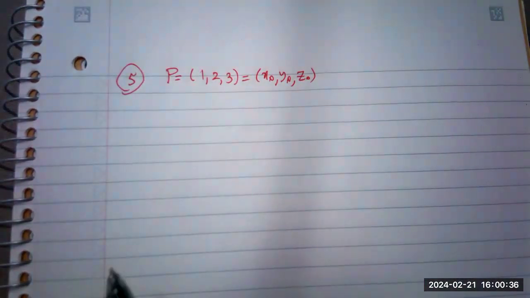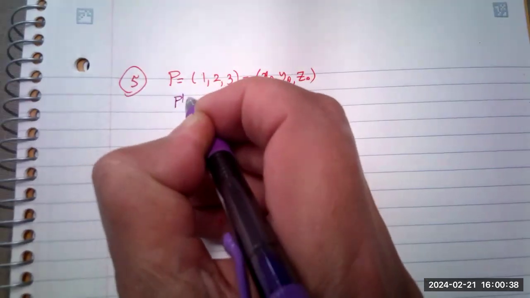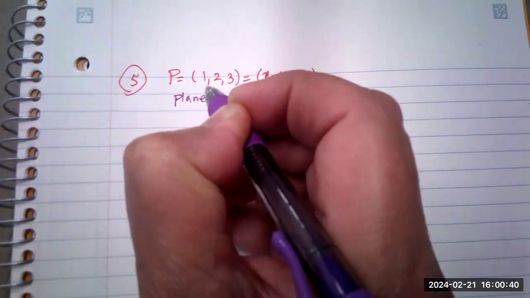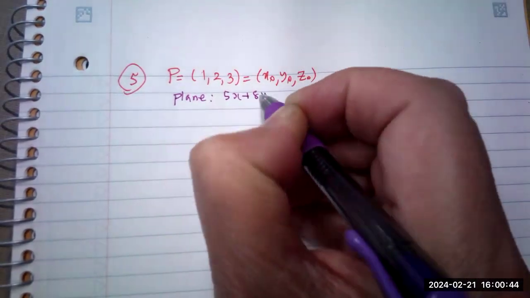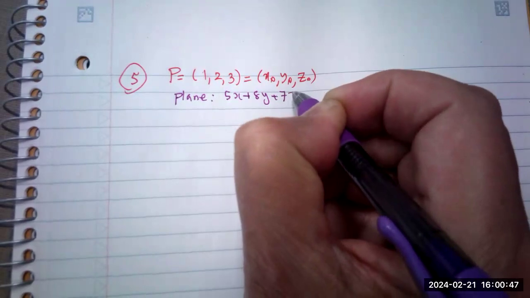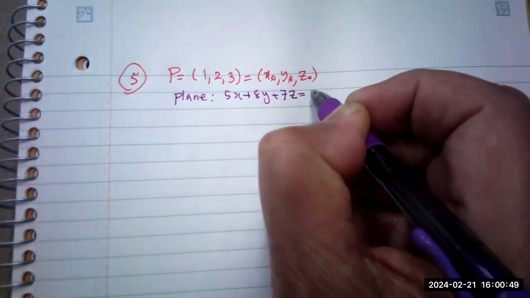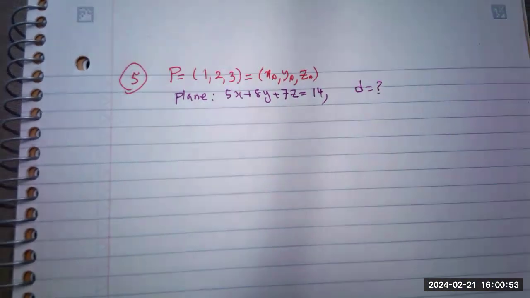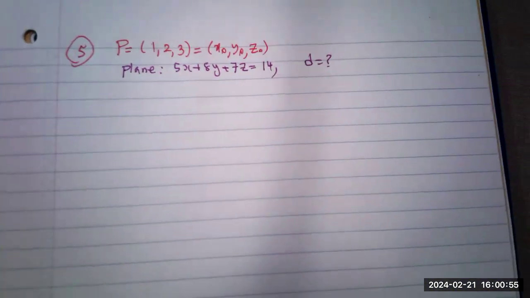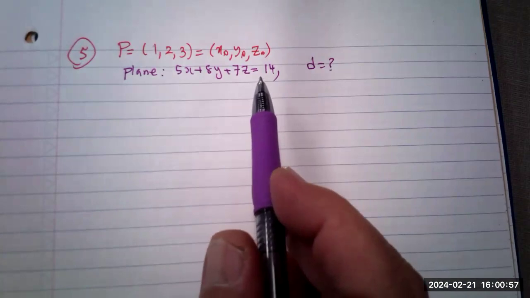Okay, and you have a plane in this equation, 5x plus 8y plus 7z equal to 14. The first thing to do, you have to move the 14 to the left.